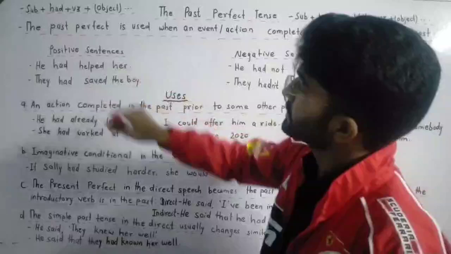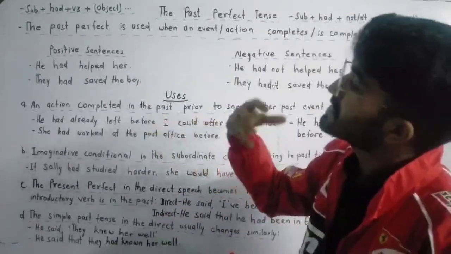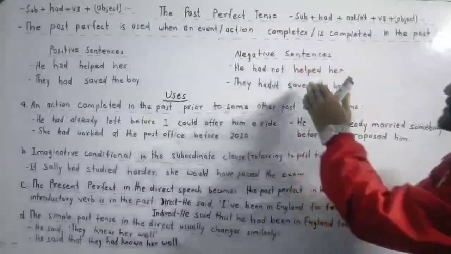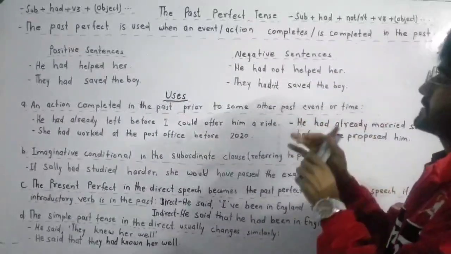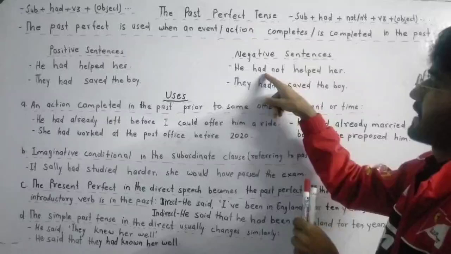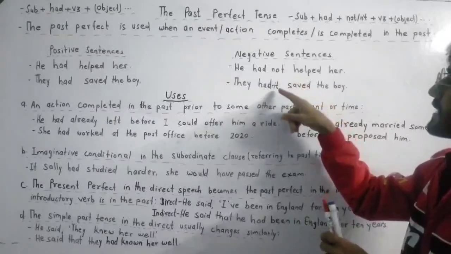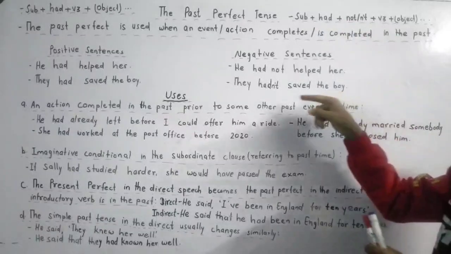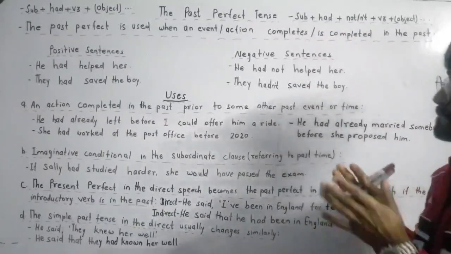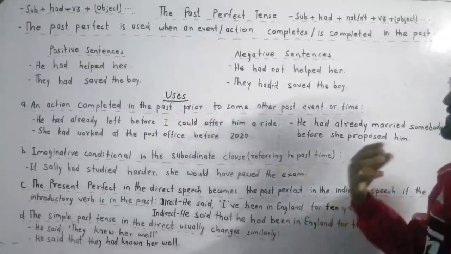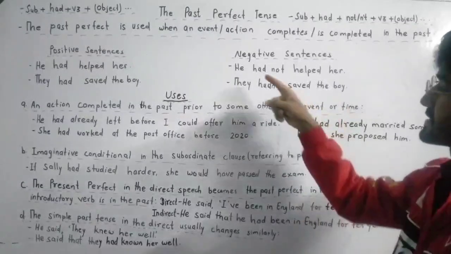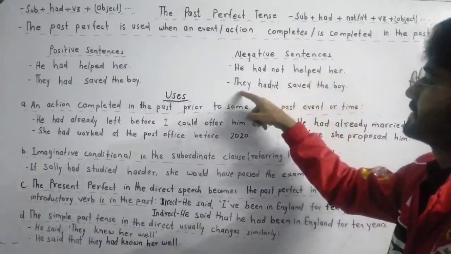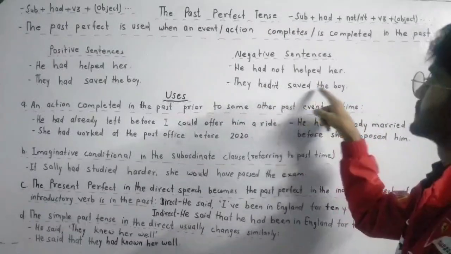While changing positive sentences into negative sentences, we just add not or n't after the auxiliary verb had. You can see here, he had not helped her, and they hadn't saved the boy.